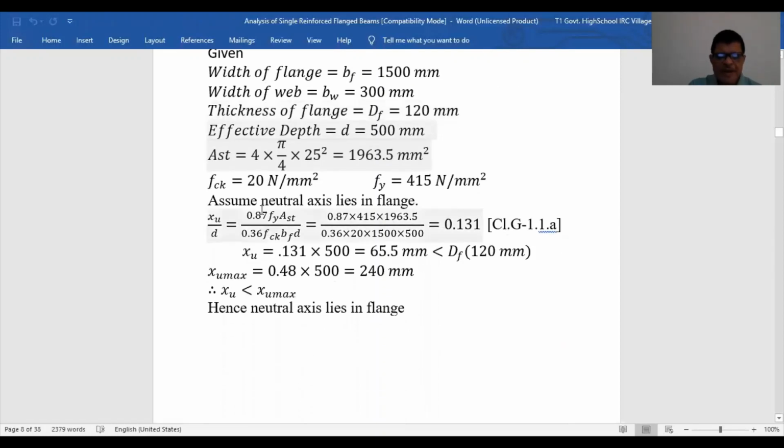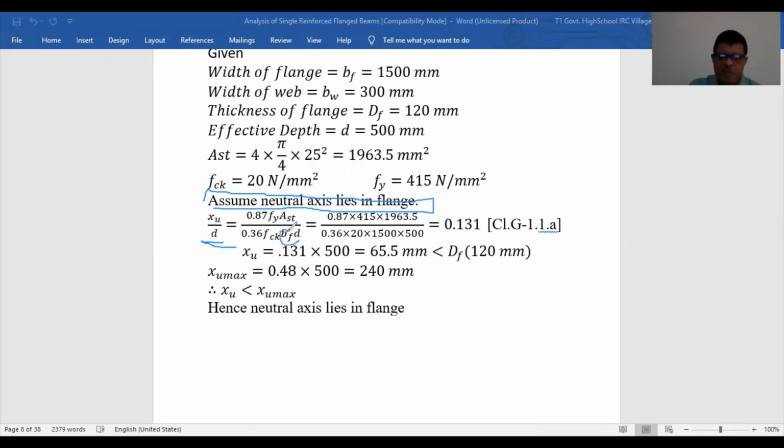So first, as we have discussed, find out xu by d. You don't know whether it is in the flange or in the web, so first assume the neutral axis lies in the flange. If it is in the flange, then you have to first use the formula for the rectangular section. xu by d is equal to 0.87 fy Ast by 0.36 fck bf d.